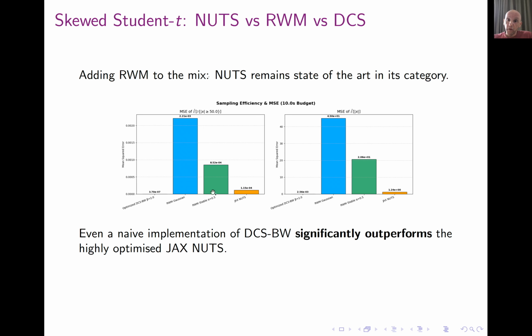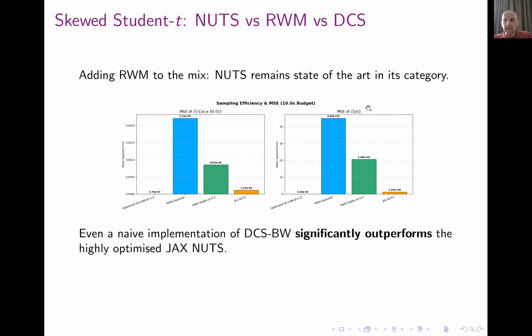So this one performs better, as I was saying in the beginning: the tails are thinner, the rate of convergence is faster, but this professional implementation of the no U-turn sampler, of course, outperforms everything. But if you look here, DCS ball walk with β equal to 2, you see the error here is 10 to the minus 7, while here the error is 10 to the minus 4, roughly.